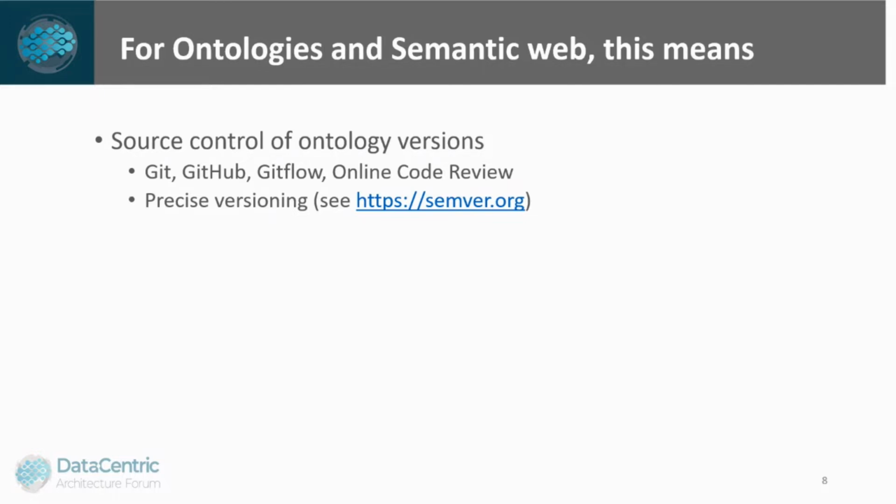But apply that precise versioning, because then each of those positions can tell you something. Usually the smallest position just means there was a bug fix. The middle position means there was kind of a feature change. And the highest position, like a 2.0.0, means that essentially you have a breaking change or a non-backward compatible change.